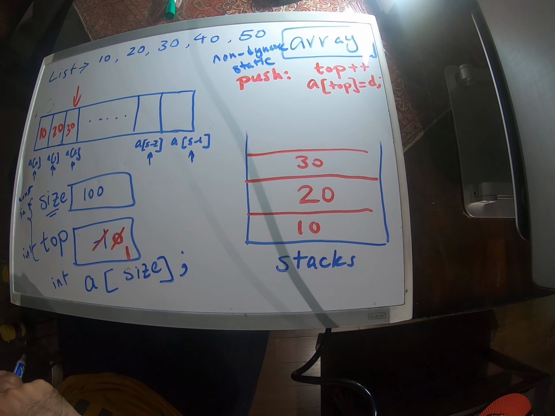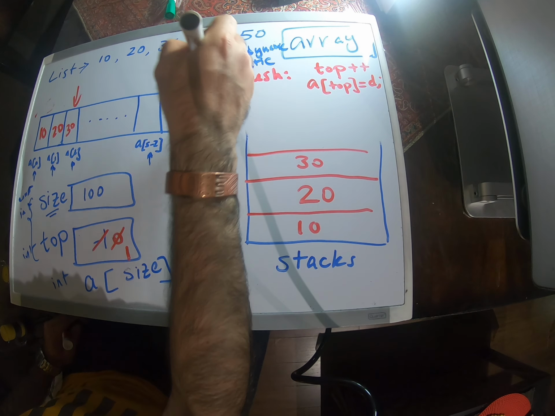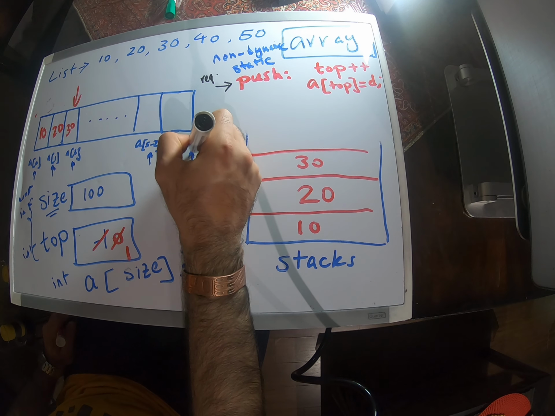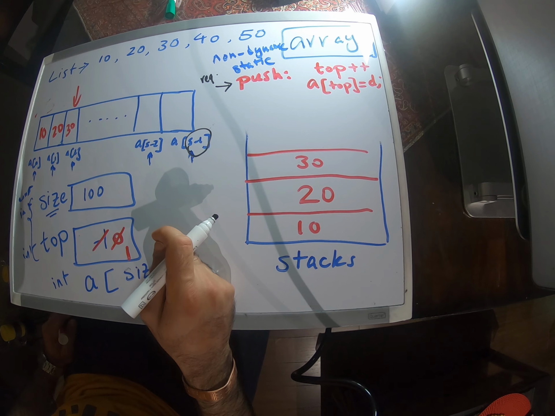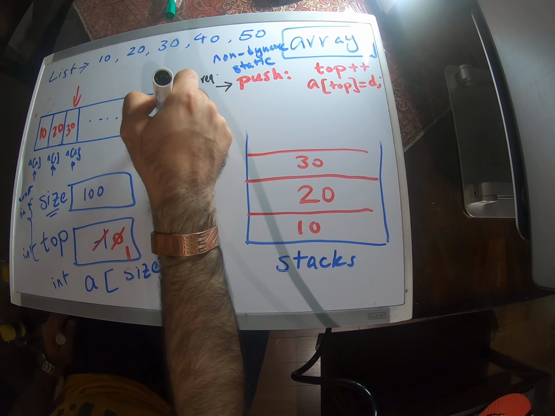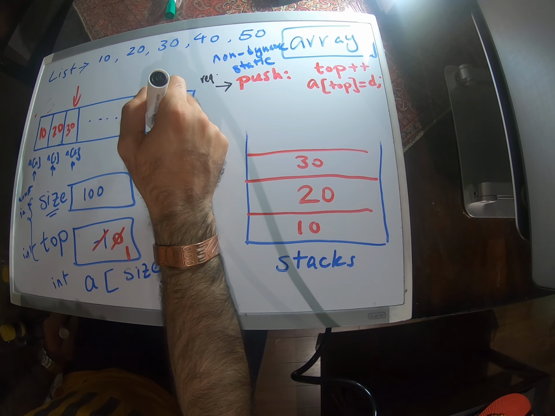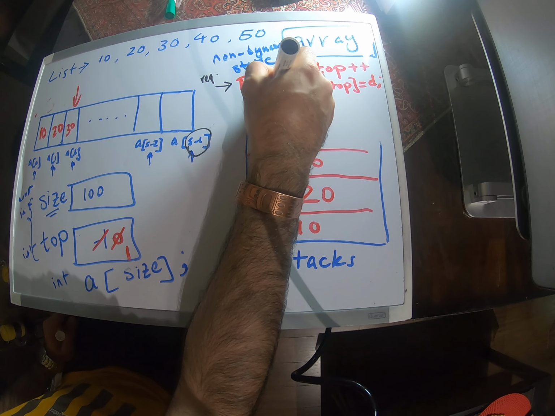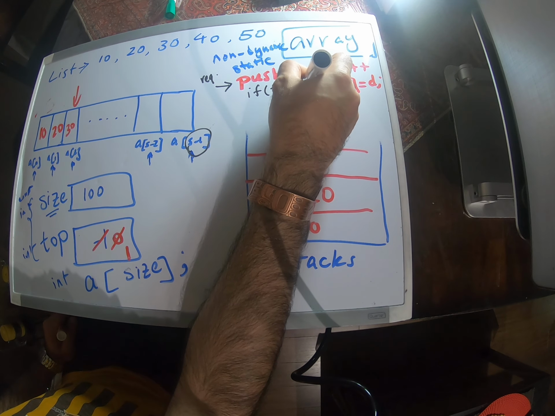One thing we have to make sure of is that when we push, we always check if our top is already equal to s-1. If top is already equal to s-1, it means that our array is already full, so we have to check that top is less than s-1.